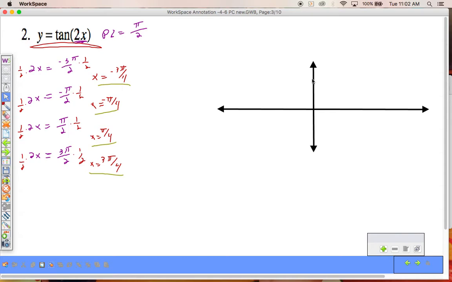All right, so I'm going to label those now. So I'm going to count to the left. Negative 1 pi over 4, negative 2 pi over 4, negative 3 pi over 4. And then I'm going to go to the right, 1, 2, and 3 pi over 4.